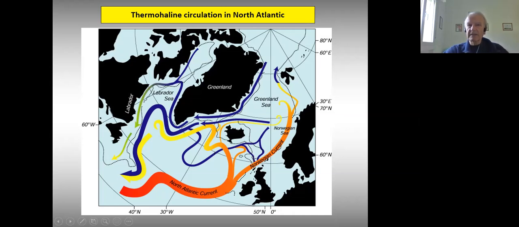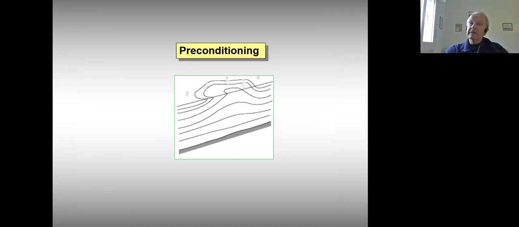In the Labrador Sea, there is a dense water formation. There is a strong cooling, which then creates this southward deep water flow. How does this process look? This process of dense water formation.